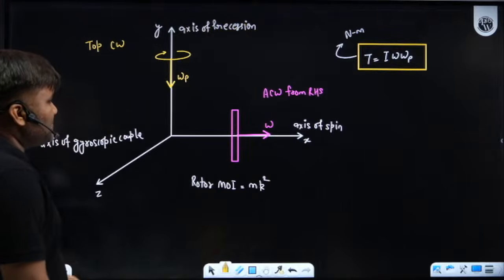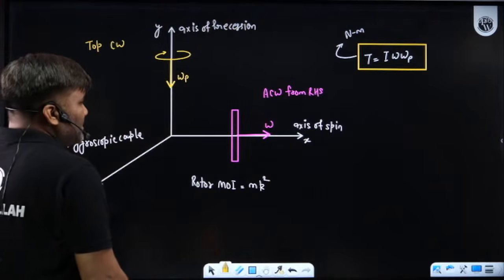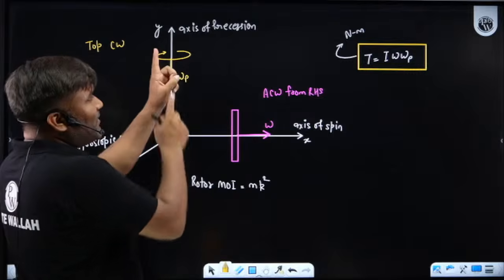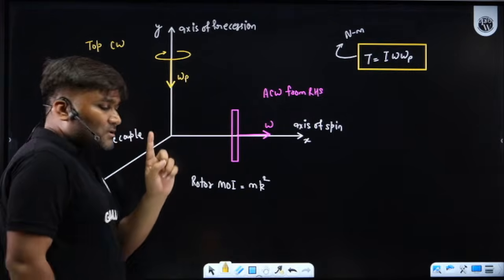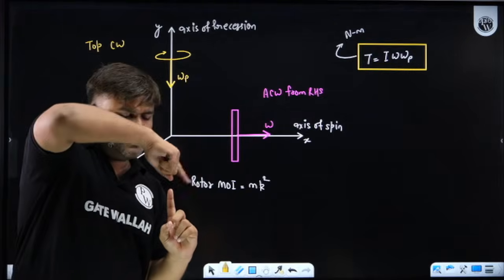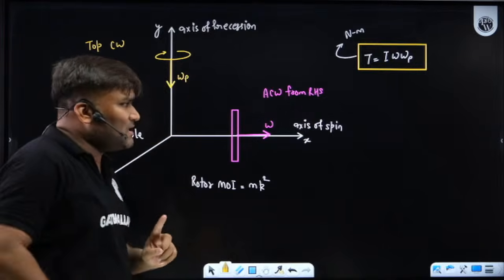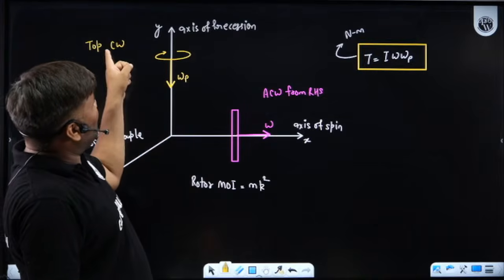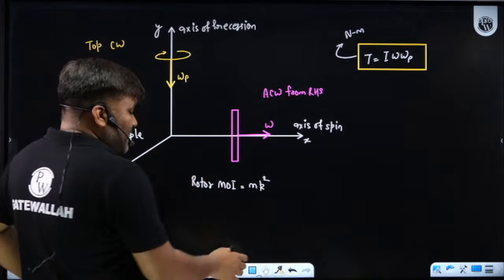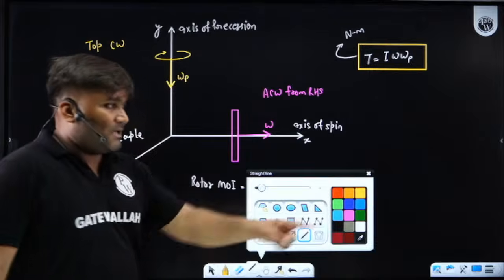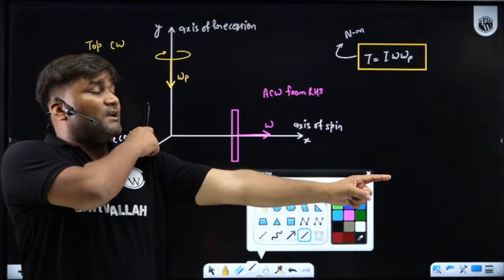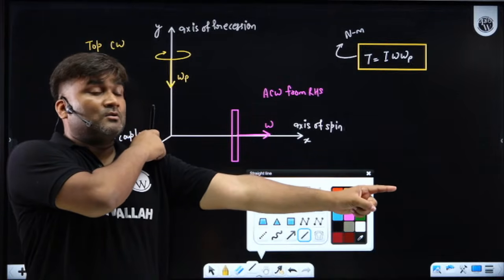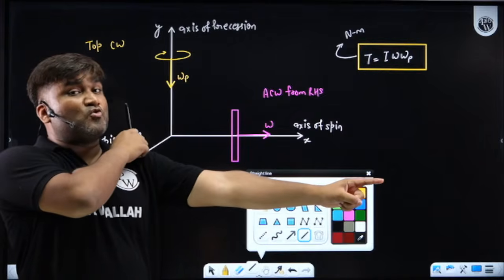How do we do this? Sir, like in this case, about the y-axis omega p you can see. About the y-axis omega p is in clockwise direction. So I have to rotate this omega vector about the y-axis, but in the opposite, anti-clockwise direction. So if we rotate this x-axis about the y-axis, omega p is clockwise, so you have to rotate anti-clockwise.